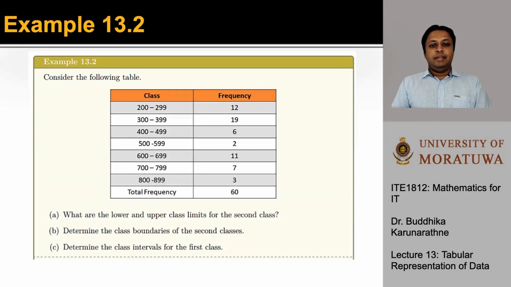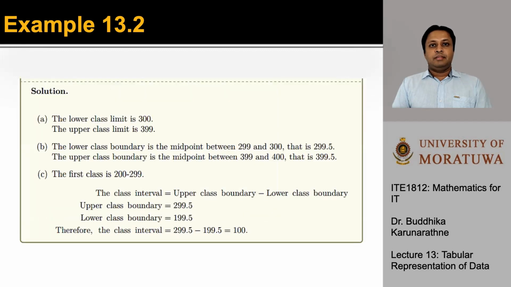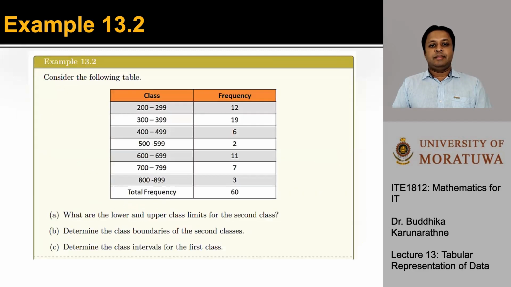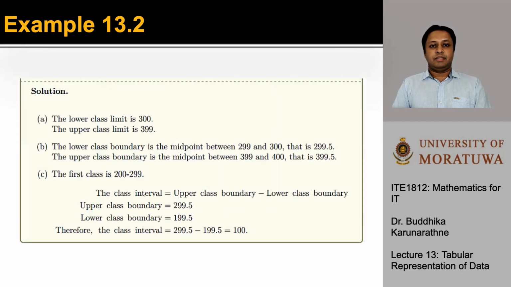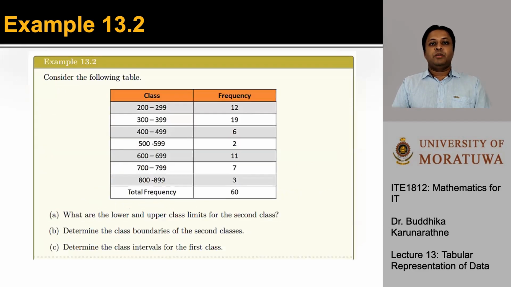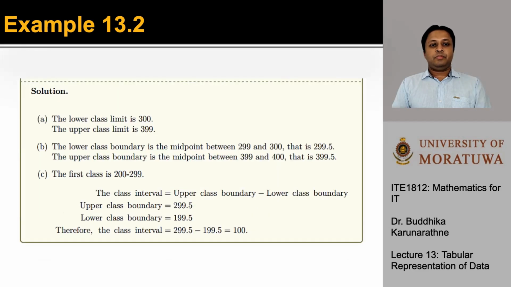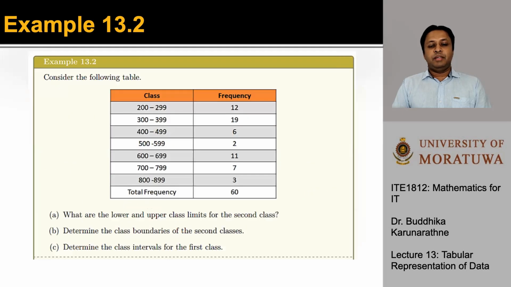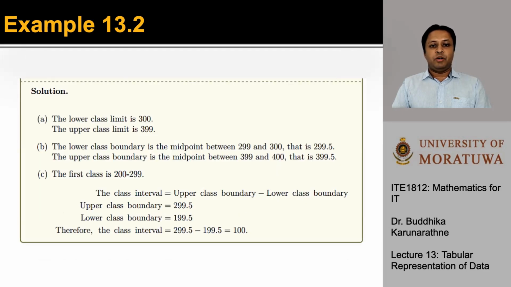Part A is about the second class. You can see that it is from 300 to 399 and the frequency is 19. So the lower class limit is 300 and the upper class limit is 399. That's pretty straightforward. Part B is about the second class also. We are asked to determine the boundaries, the lower class boundary as well as the upper class boundary.